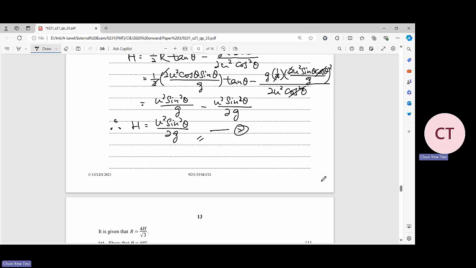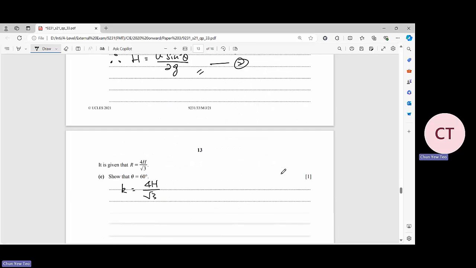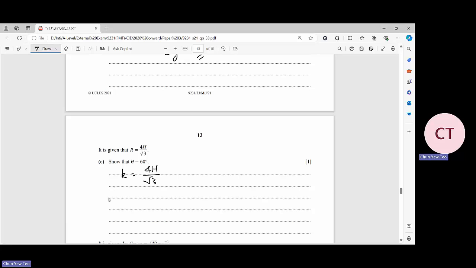Okay, so what you need to do is just to change the R to 2u square cos theta sin theta. Make it become 2u square cos theta sin theta over g equals to sine square theta over 3g.